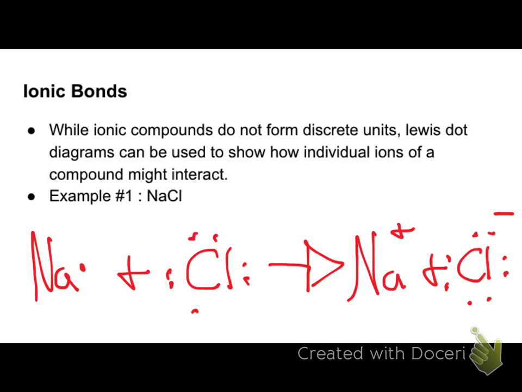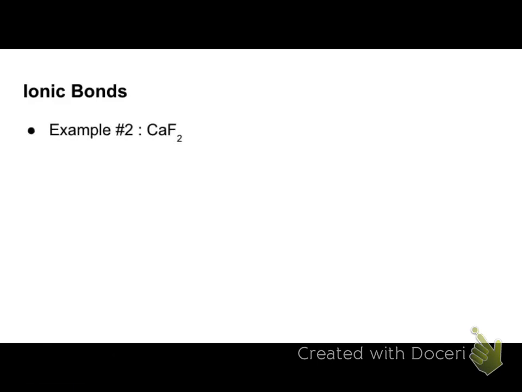All right, what I'm going to have you do is try this one. This would look like a calcium atom, which we know has 2 valence electrons, and it would need 2 fluorine atoms. So we would add to it fluorine, which we know has 7.